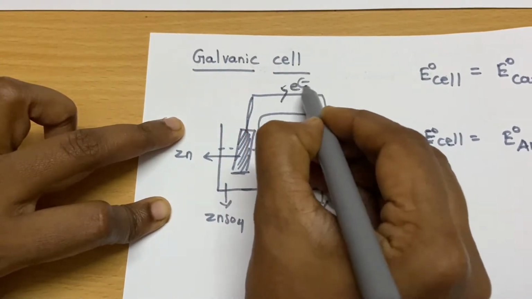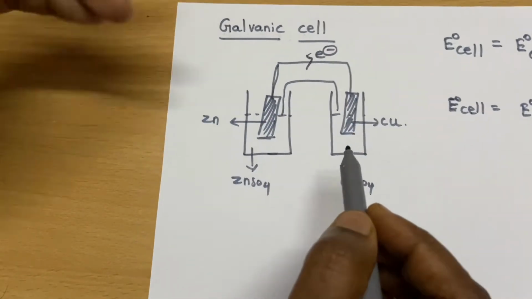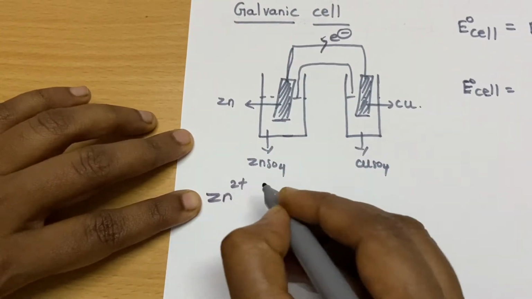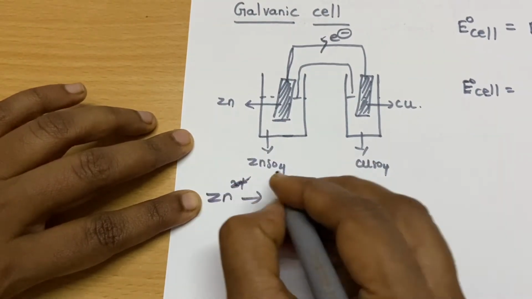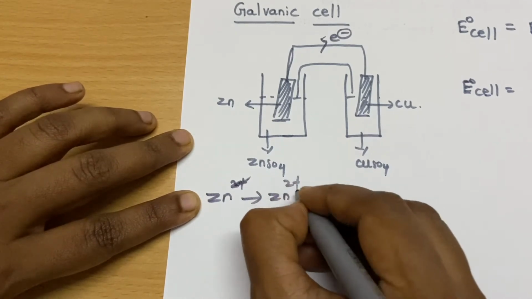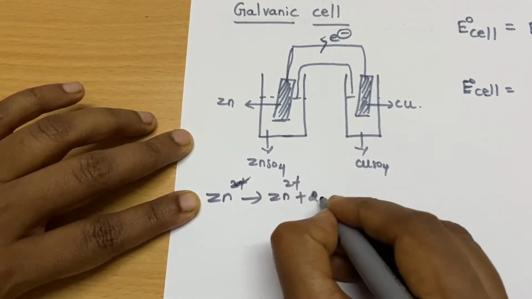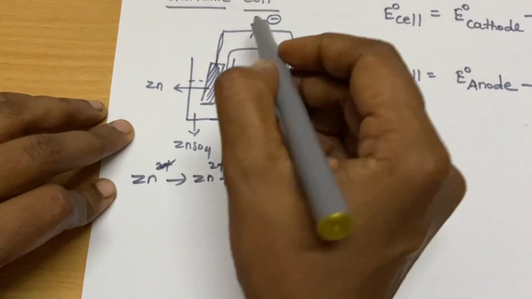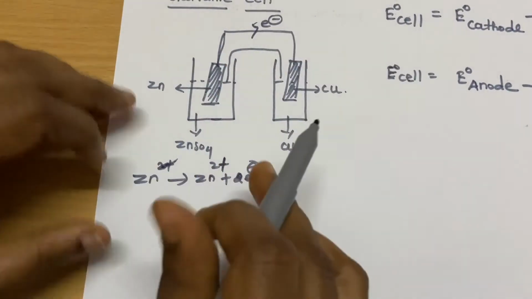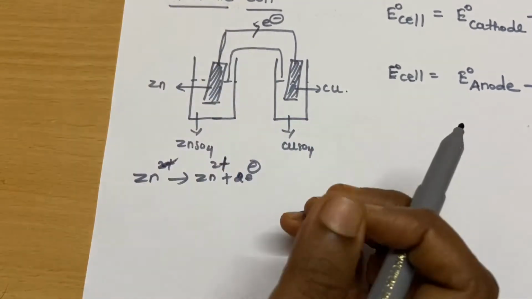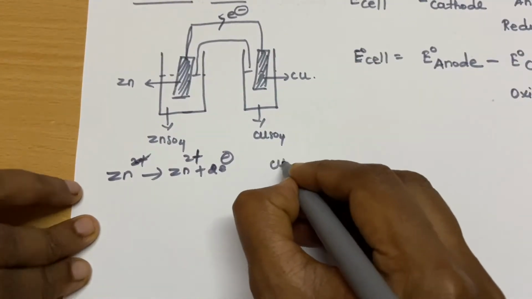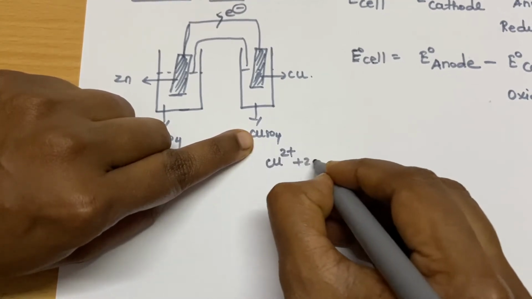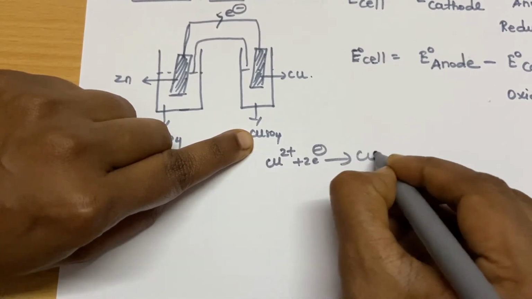Where did these electrons come from? Zinc metal oxidizes to Zn2+ ions, and the electrons travel from the anode compartment to the cathode compartment, where the Cu2+ in copper sulfate gets these two electrons and is reduced to copper.